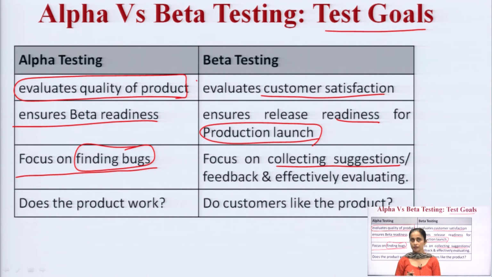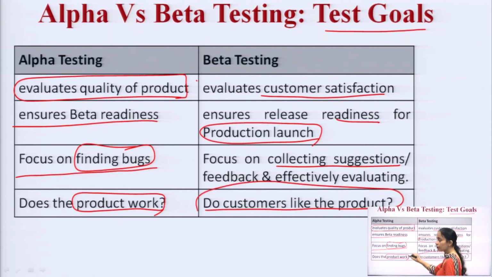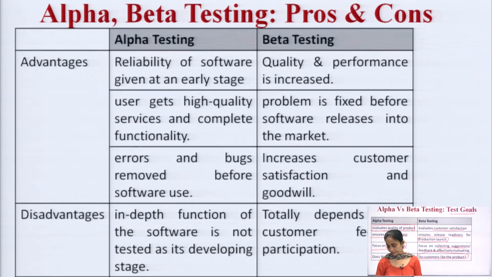That is our next aim. Alpha testing asks, does the product work, yes or no? Logically we are saying it. Beta testing asks, do the customers like the product or not? How can we increase the customers and users, and how can we satisfy their needs and requirements?